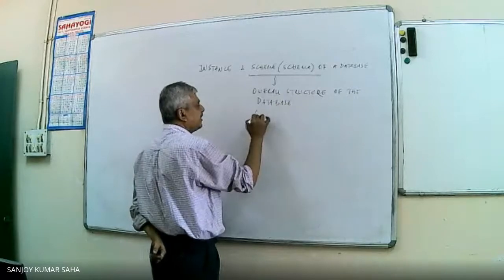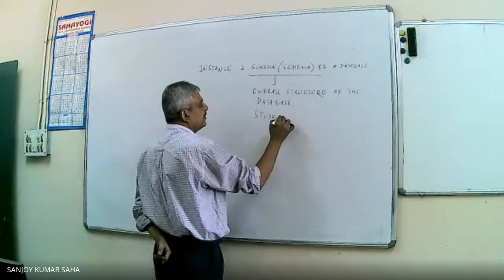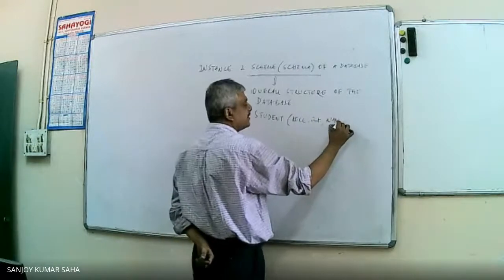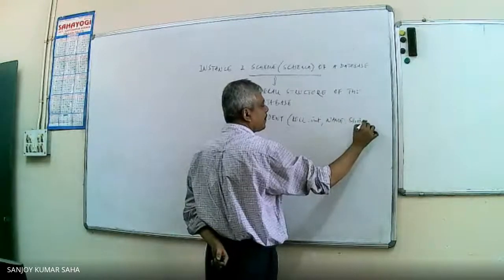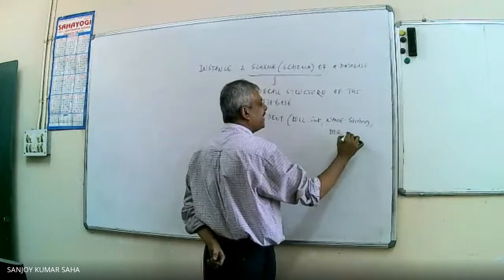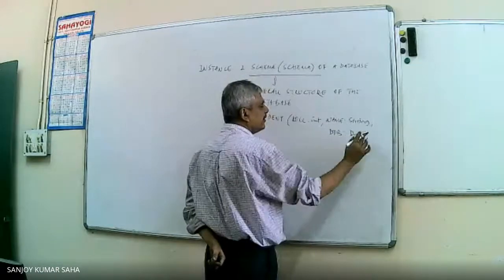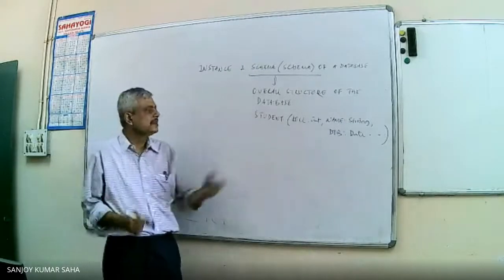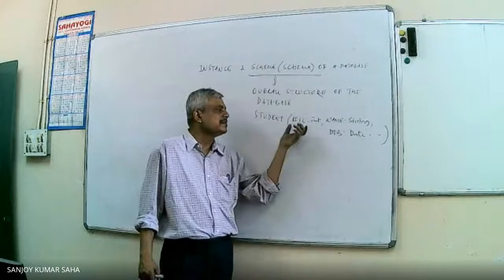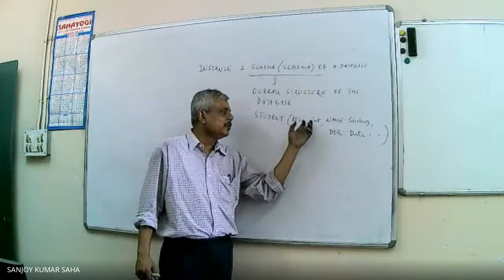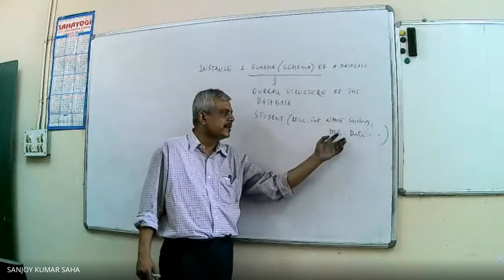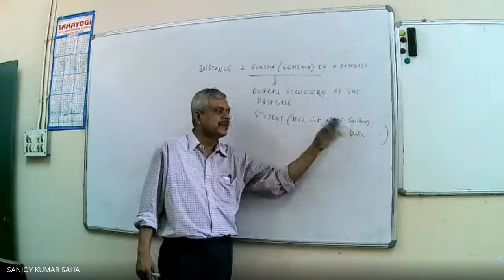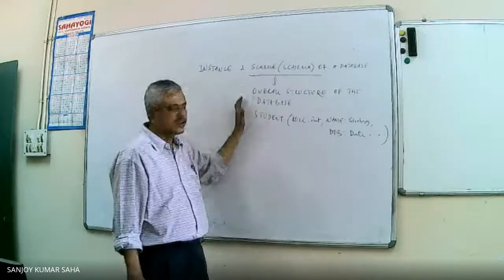Say a student database, it consists of roll as integer, name as string, date of birth, say if I consider date as a type, etc. So what will be the structure of the database? That is the records. So for the student database, the structure is that it will have roll which is of type integer, name which is of type string, date of birth of type date, etc. So what are the different attributes and their types? That's the schema, the structure of the database.